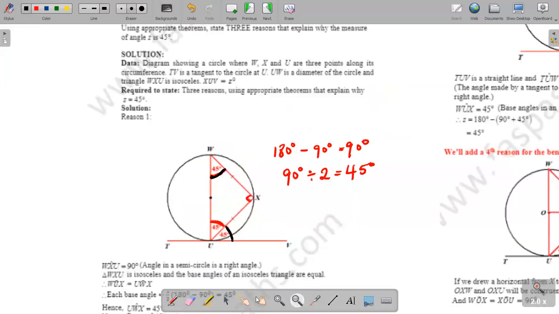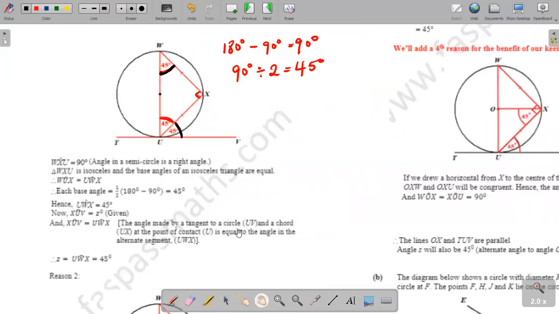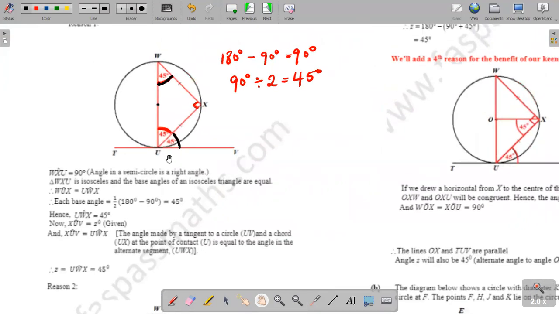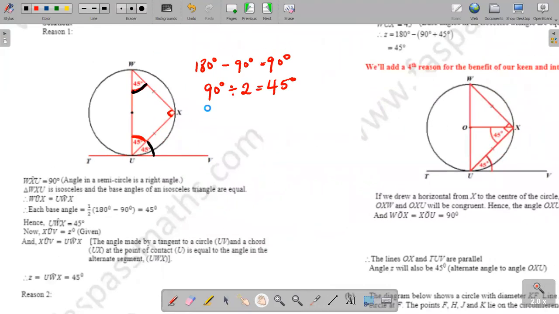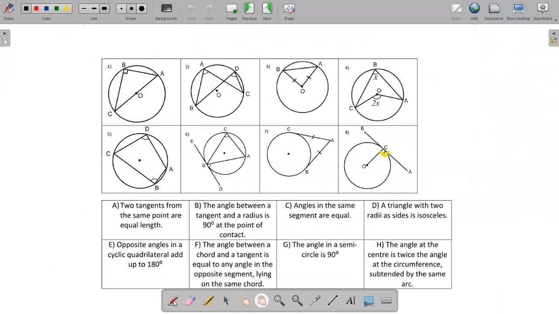So before we continue, everybody understand those two reasons? The first one, we use the 90 degrees from the radius and the tangent, and then we subtract. The second one, we use the internal and the external opposite. So let me just show you which two we use so far. We use this one just now, and we use this one for the second reason. Yeah?